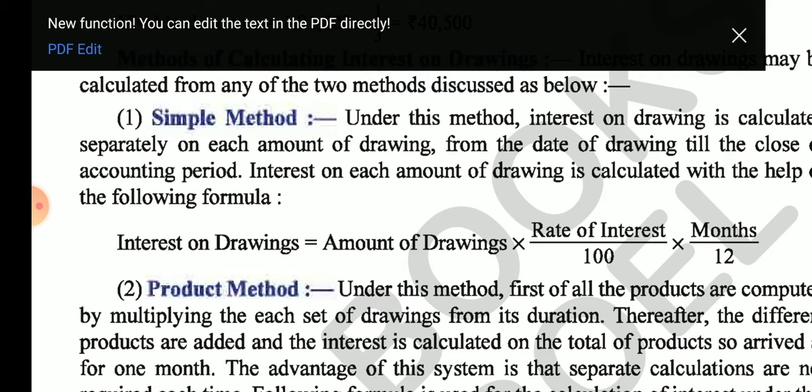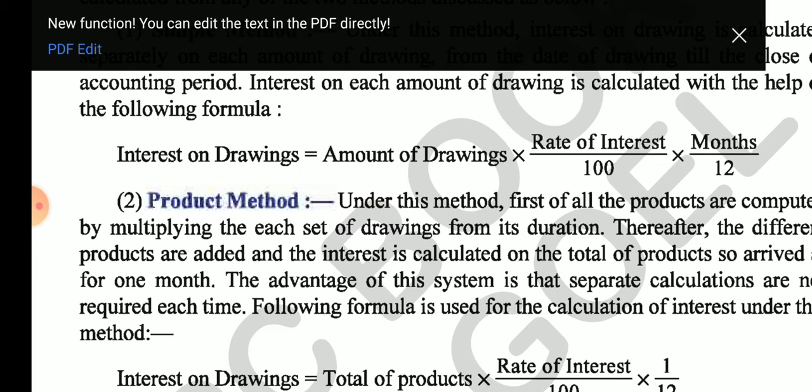For example, if you take a drawing of 10,000 on 1st April, then from April to 31st March is 12 months, so we calculate interest on drawing for 12 months. If it is 1st October, then from October to March, that is October, November, December, January, February, March, it means 6 months. So amount into rate upon 100 into months upon 12.